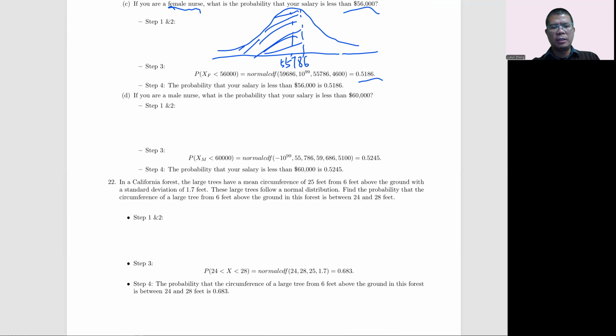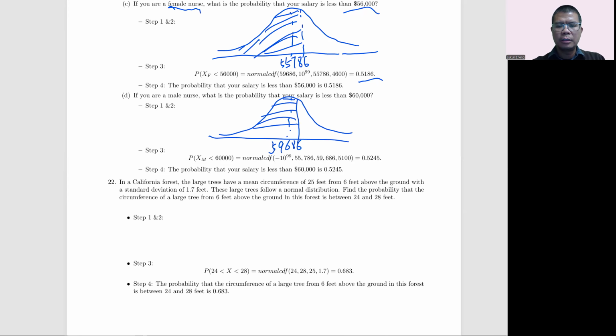Similarly, for male nurse, you need to draw the normal curve based on the male nurse, 59,686. So less than 6,000 is somewhere here, right? Sorry, 60,000. This should be 60,000. Okay, sorry, my bad.